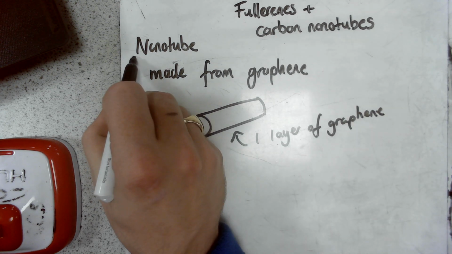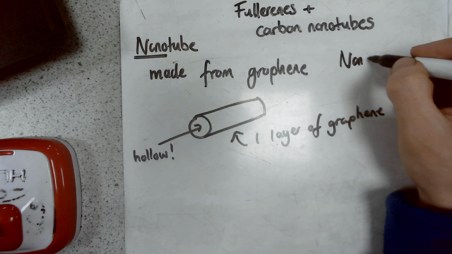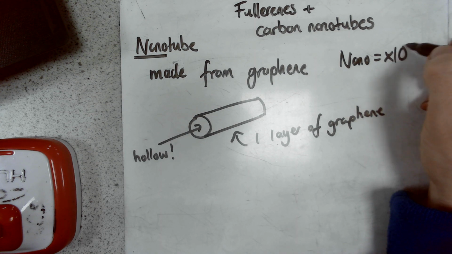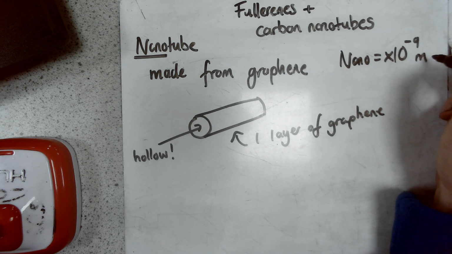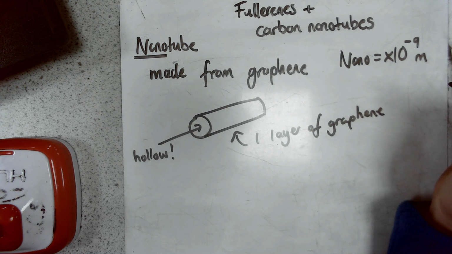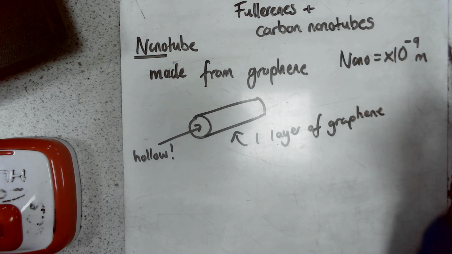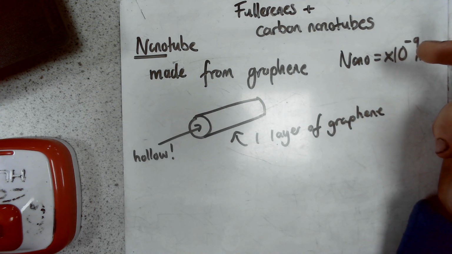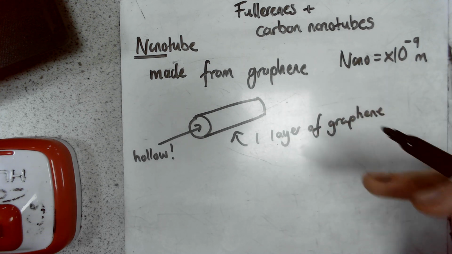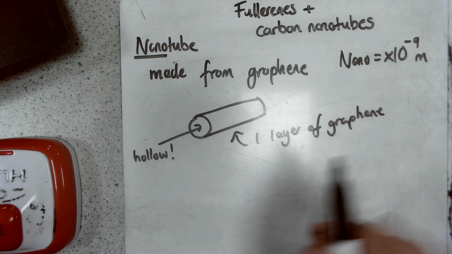Now, when we talk about nano, it is a reference to the fact that it is times 10 to the minus 9 meters. So it is tiny, really, really, really small. Okay. However, because they're so small, they are incredibly useful. Now, they're used an awful lot in special materials, electronics. Nanotechnology bases a lot around carbon nanotubes, and really it's for two properties.